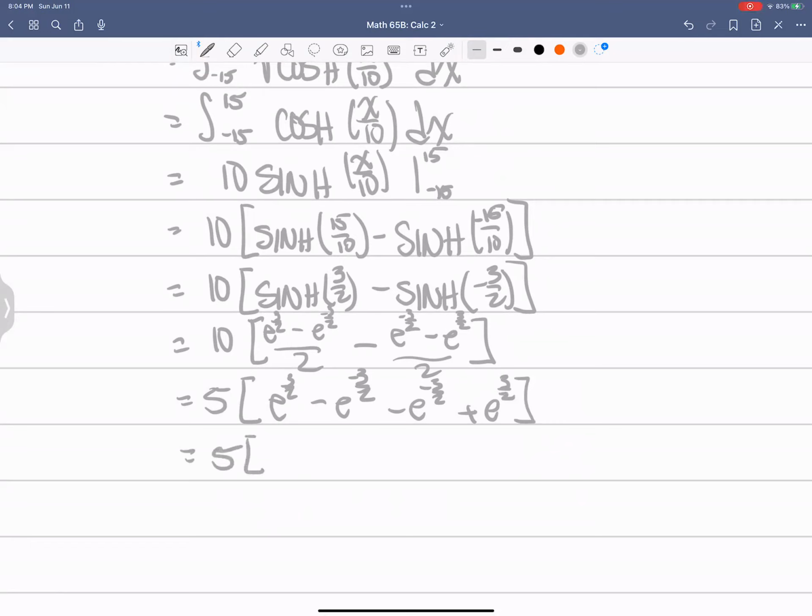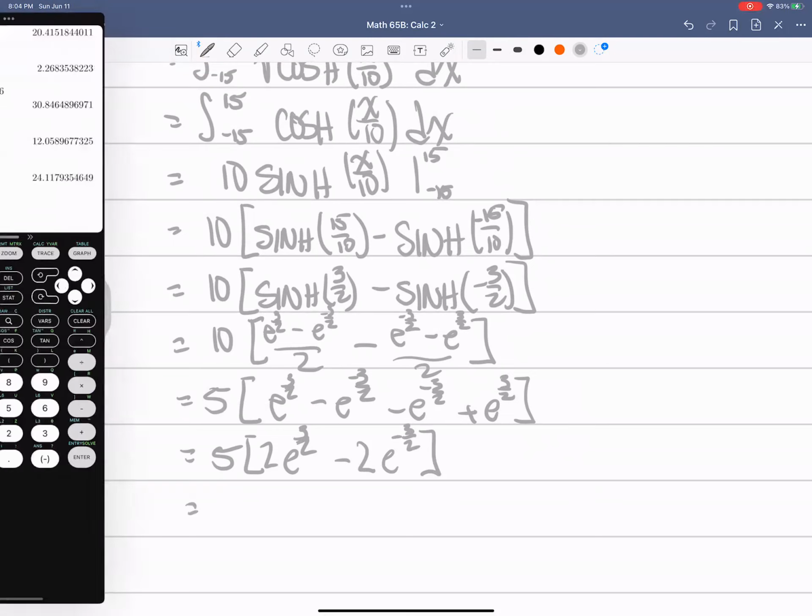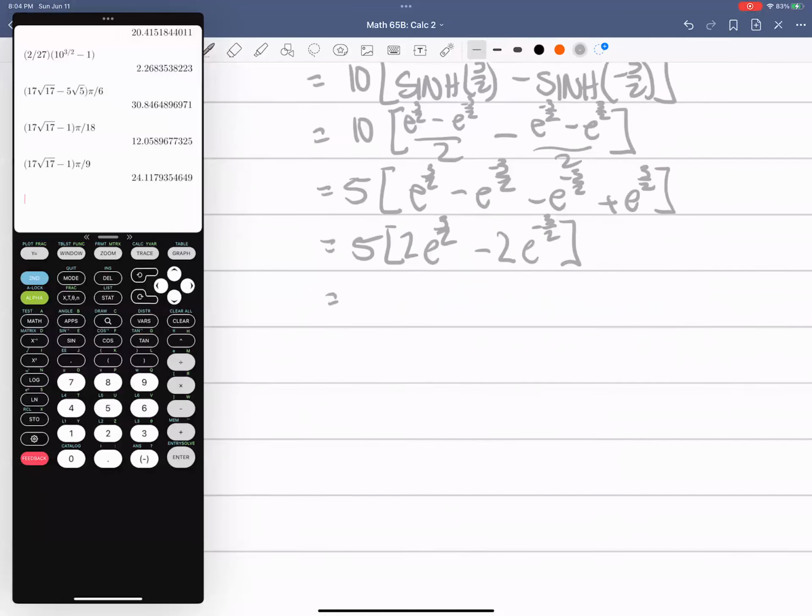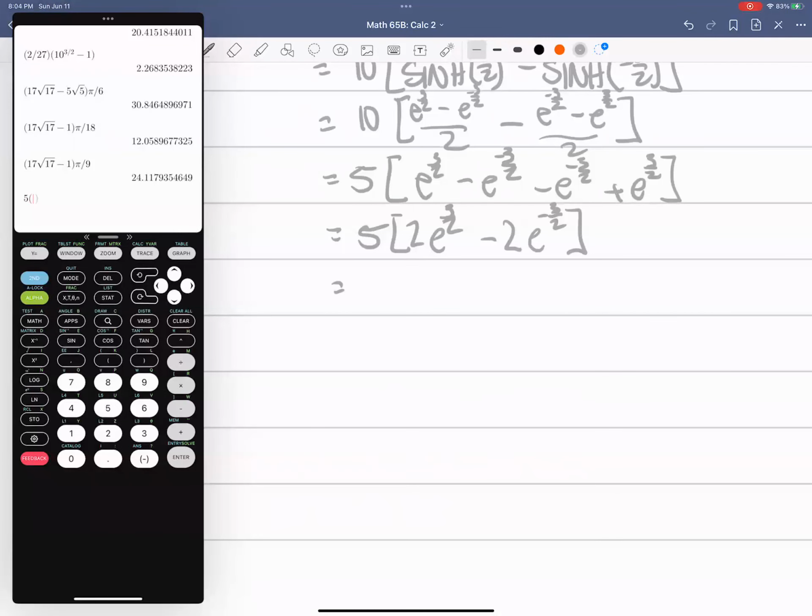So we have 2 e to the 3 over 2 minus 2 e to the negative 3 over 2. Let's put it in a calculator. We could factor out a 10: 10 times e to the 3 over 2 minus e to the negative 3 over 2.